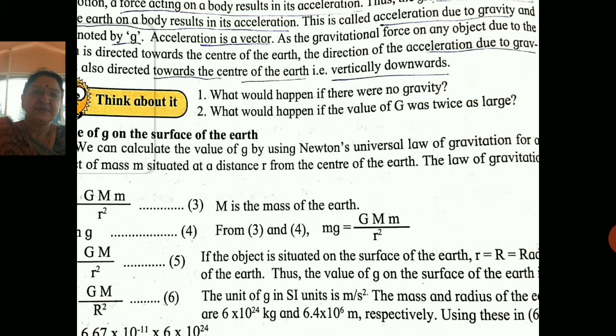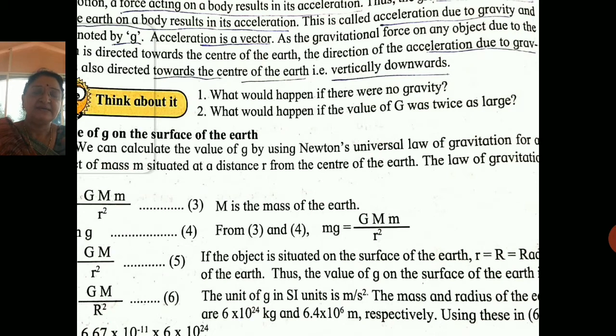If capital G is the universal constant, capital M is the mass of earth, and small m is the mass of the body or object situated at a distance r from the center of earth, then according to the universal law of gravitation, the force between the object and earth is equal to capital G into capital M into small m upon r square.